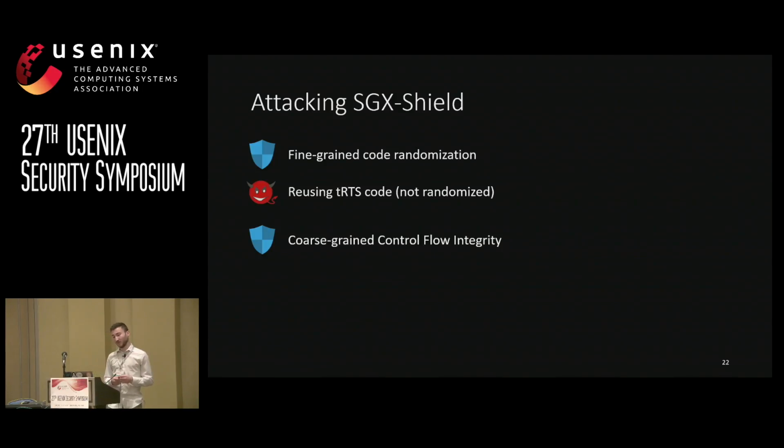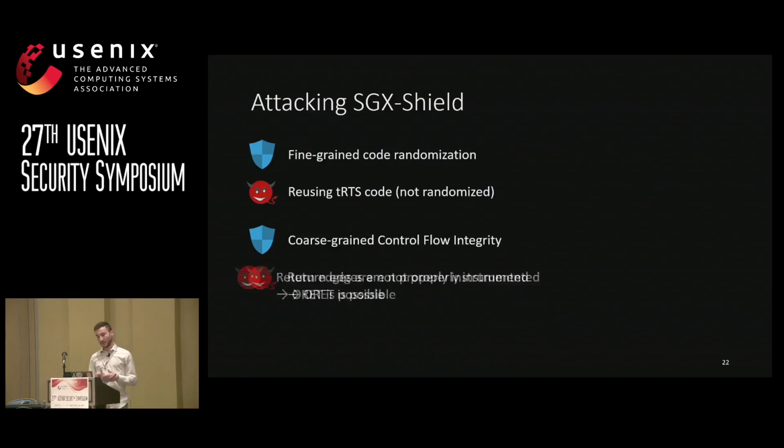However, we found some issues in the instrumentation of the return edges of SGX-Shield. For all the details, please see the paper. But the main takeaway is that ORET is actually possible on SGX-Shield. So we can use ORET to bootstrap the whole thing and achieve our attack.